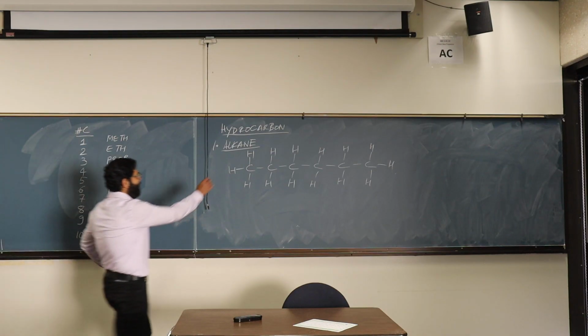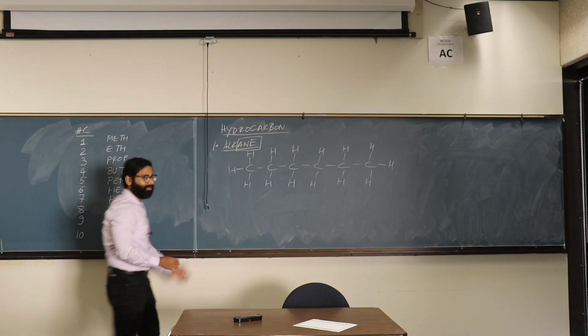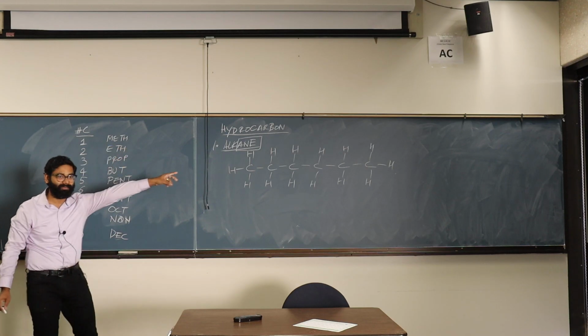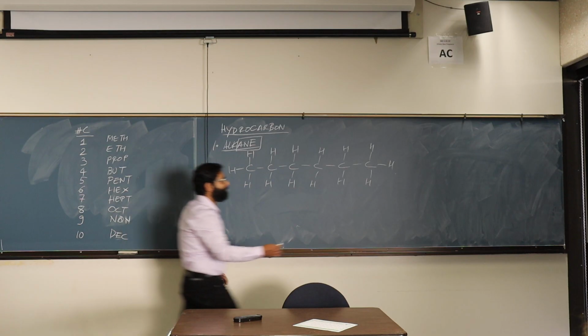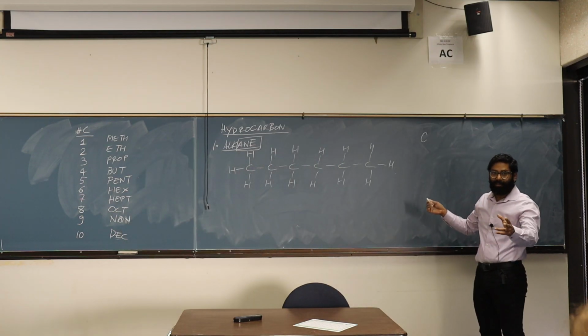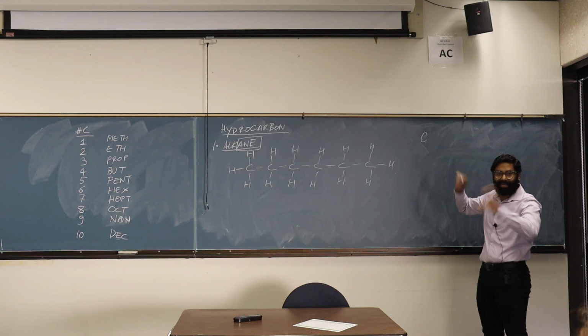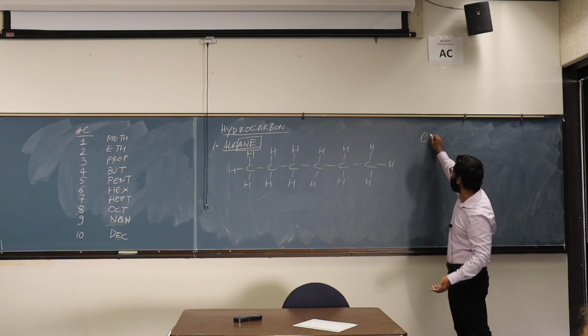So, in this alkane, this is where you will get the name. So this is the prefix, that is the postfix. Like that, this is where you start, that is where you end. So if you have one carbon only, and all these are satisfied with hydrogen, what is the formula? CH4, correct?